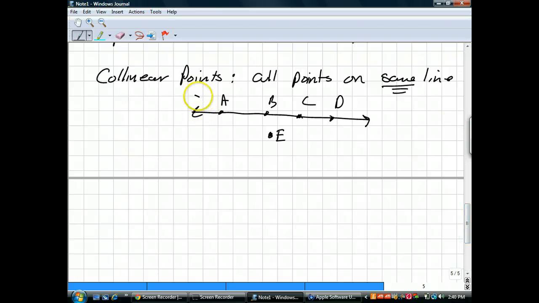However, I could draw a line through A and E, so A and E would be collinear points. Then we have non-collinear points, and those are points not on the same line.